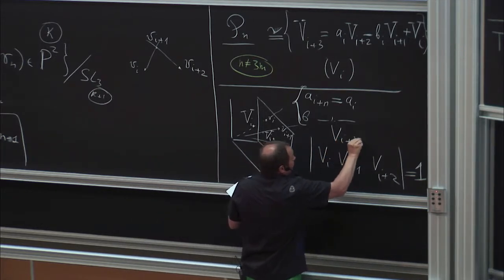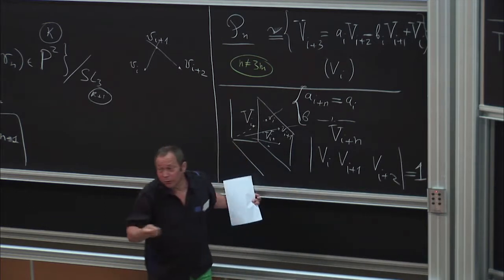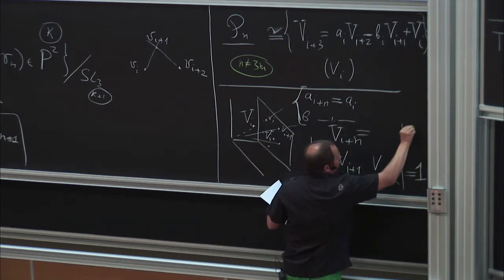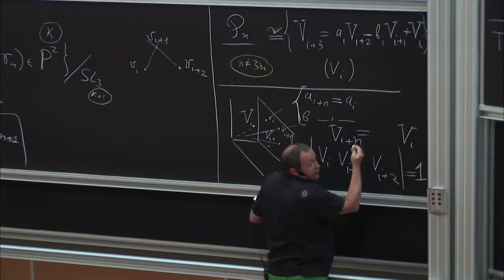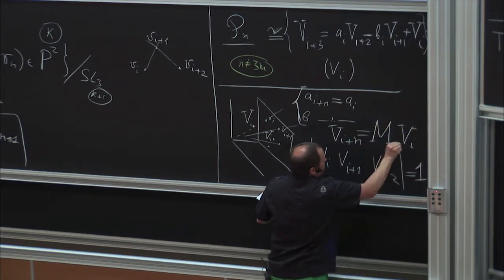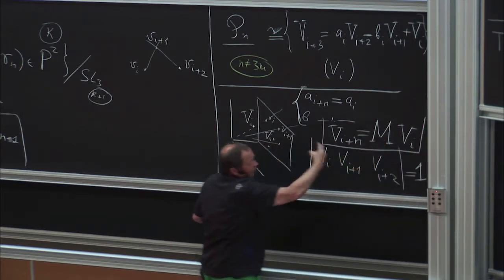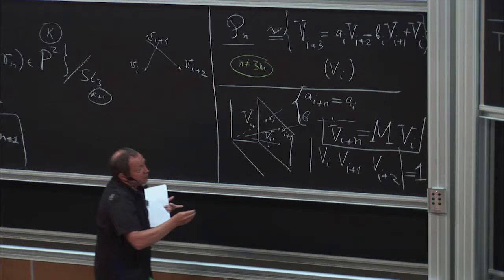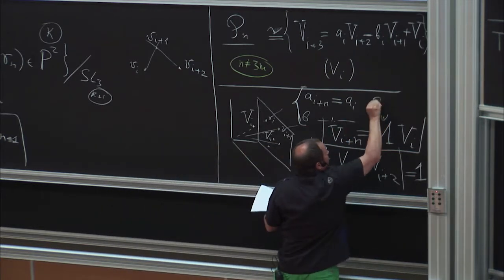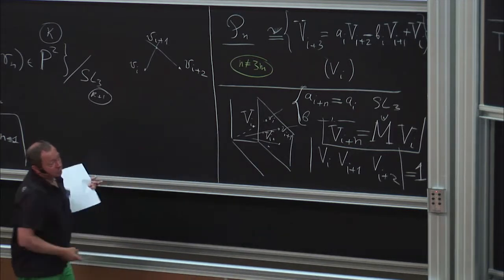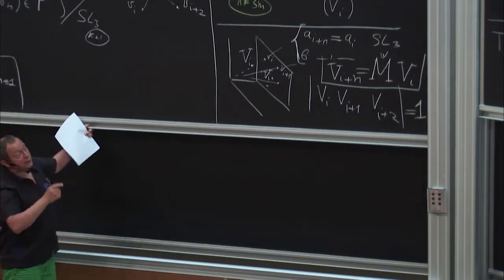Actually, we have a monodromy. Necessarily, every solution shifted by n will be a linear combination of the initial solutions, so M is an element of SL3, the same element as the monodromy of a twisted n-gon.